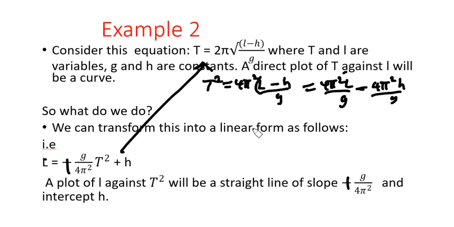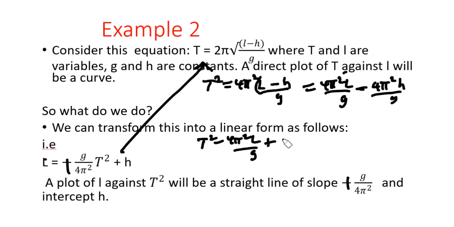Going further, we want to make L the subject of the formula, because we are asked to plot L against T square. Also, we can't go ahead to do this without transforming it. So we have, if this crosses, T square minus 4 pi square L upon g.